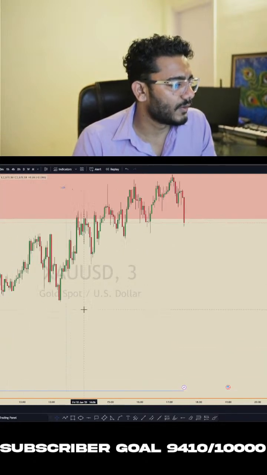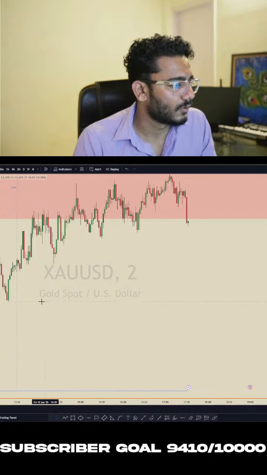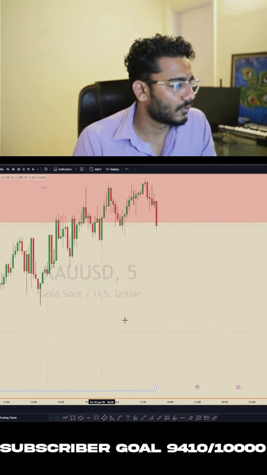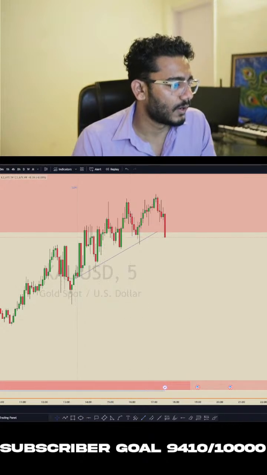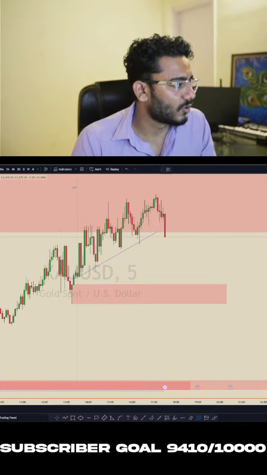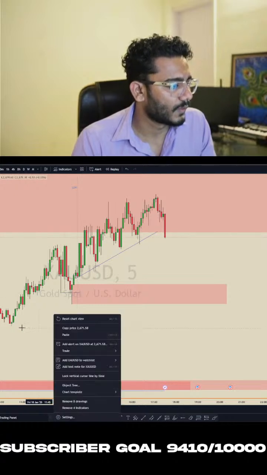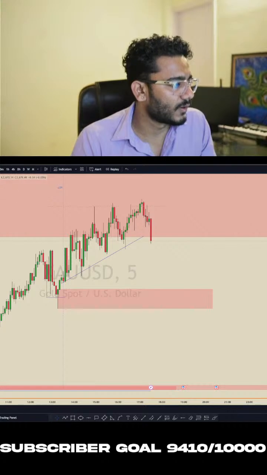So on gold, we have this 3 minute order block, which is this one. So we can look for buy side entry here right now for intraday, like for scalping. This is the order block. Price has swept these lows, and now price has continued downside.